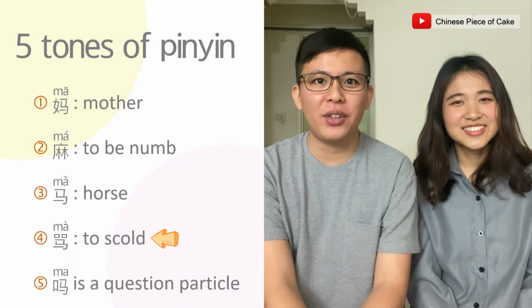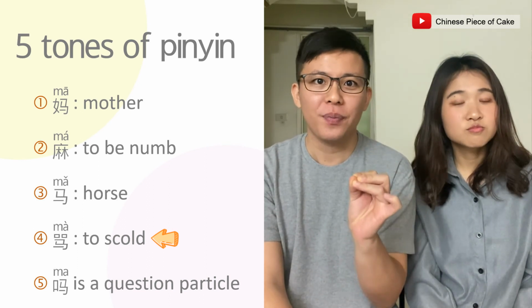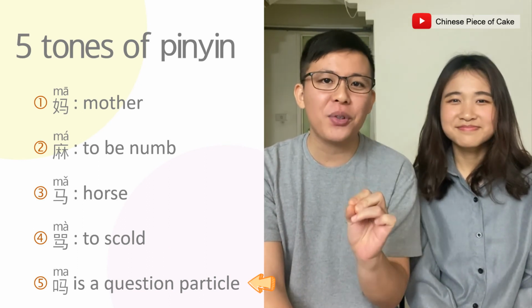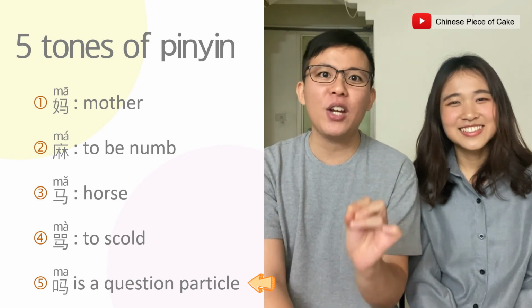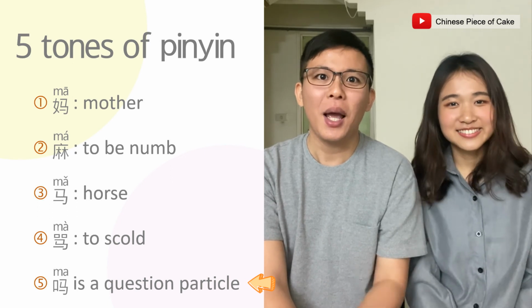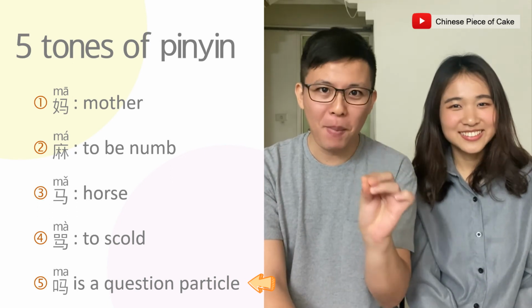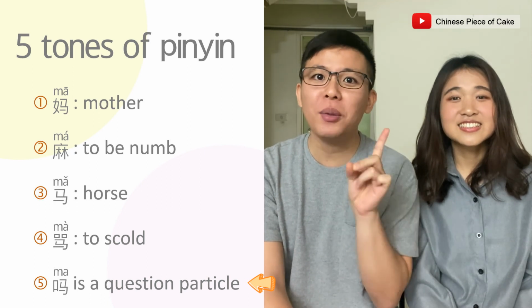This Chinese character is a verb which means to scold. In the end, if you pronounce this syllable in the neutral tone, the pronunciation would be ma, and this Chinese character is a question particle.